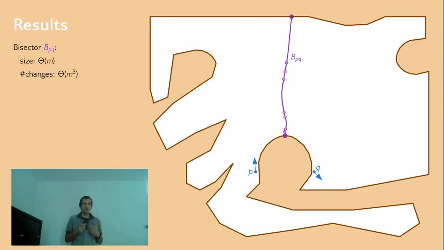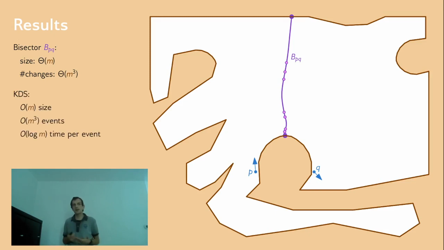This is a very high bound, of course. Cubic sounds like a lot. But what we can actually show is that this bound is tight. We have a construction that shows that even if P and Q just move along lines, a single bisector can already change a cubic number of times, which is somewhat surprising.